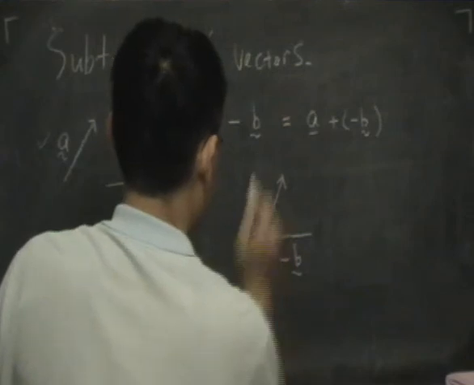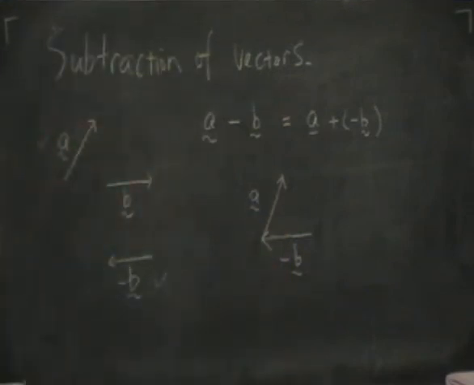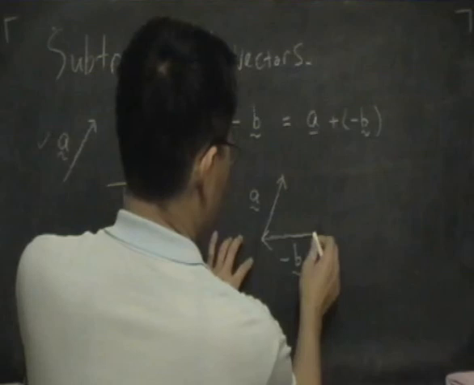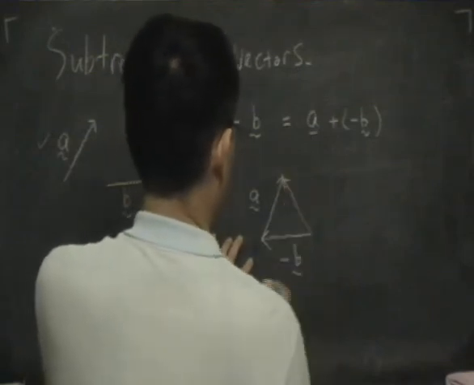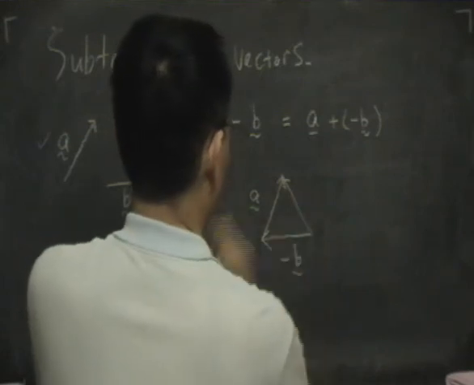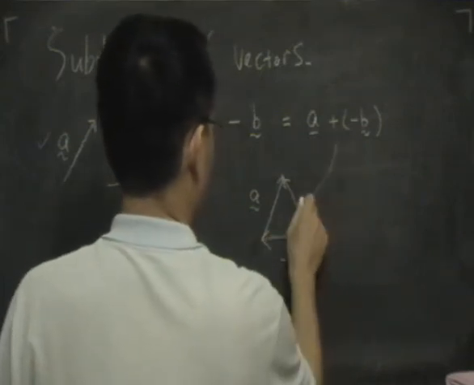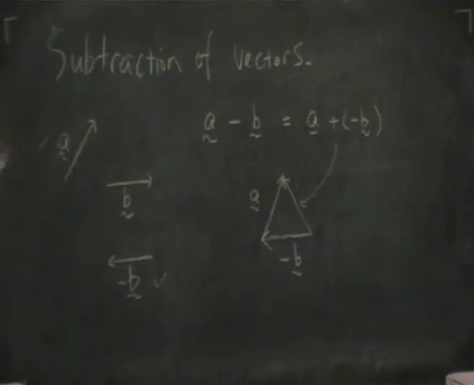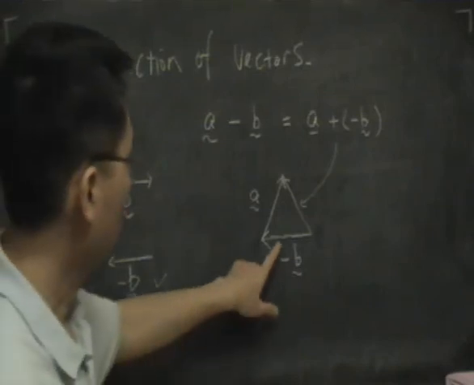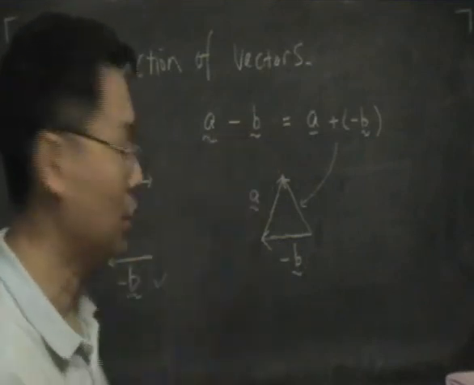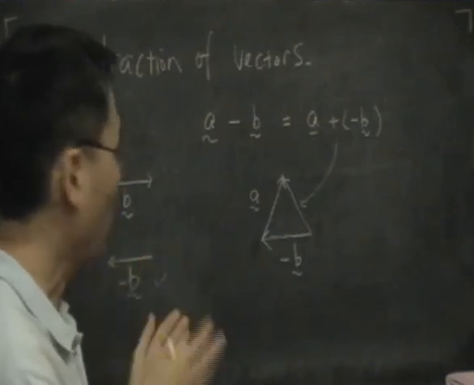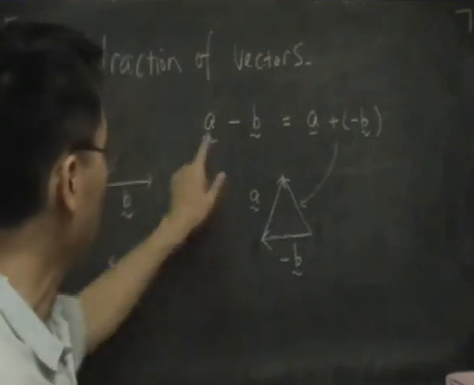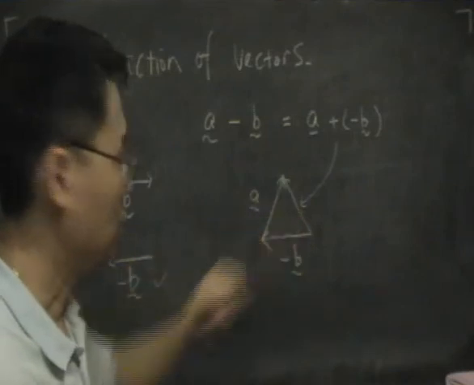That's the A. Then I must join the tail end to the tip to form a triangle. That's the answer. That would be A plus minus B, which is also the same as A minus B. So this has just given us a way to find the resultant of A minus B.